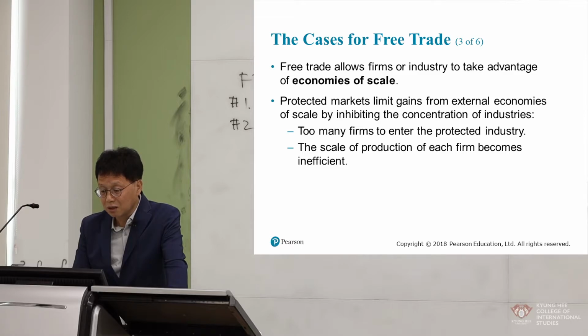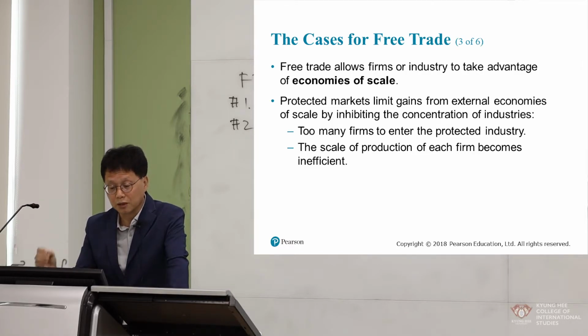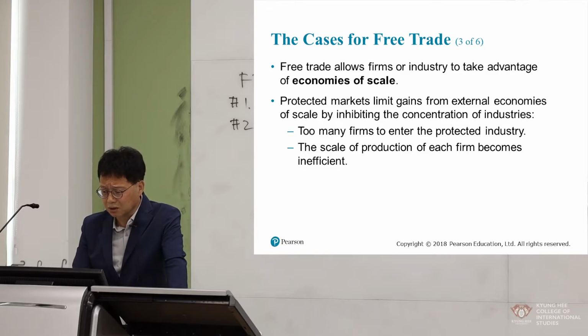The scale of production of each firm becomes inefficient. But after a free trade policy, protection is not valid anymore. Then each firm's production and size increase, and it can produce the same good at a cheaper cost than before, right? That is really important.